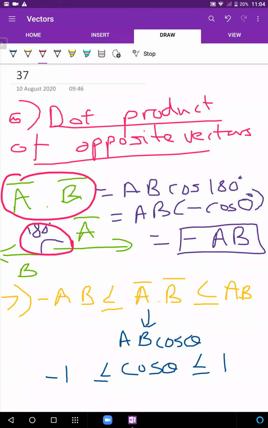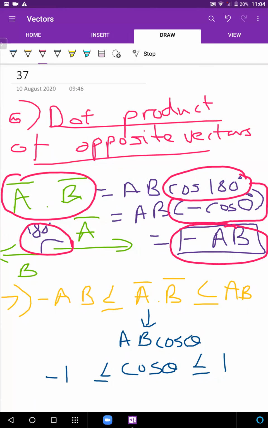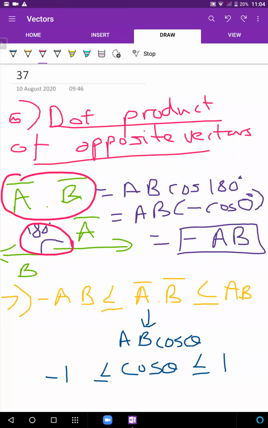So the dot product is going to be AB cos 180. But we know cos of supplementary angles are negative. So cos 180 is negative of cos 0. Cos 0 is 1, so cos 180 is minus 1. So this becomes minus 1 into AB. या opposite vectors का dot product हो जाएगा minus AB. Parallel है तो positive AB, और anti-parallel है तो negative AB.